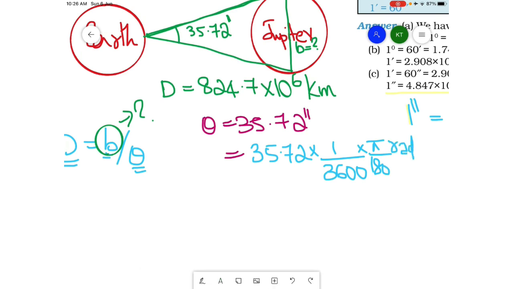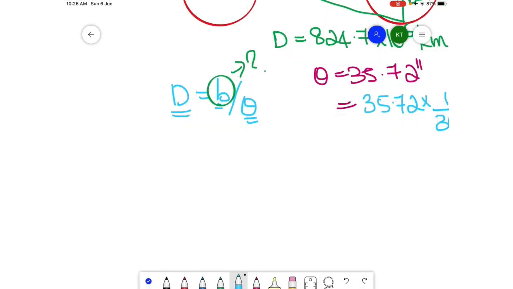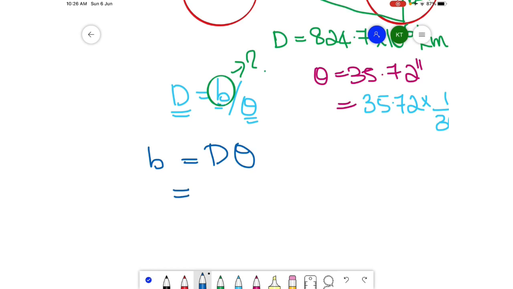So substituting all the values into this equation, we need to find what B is. B is equal to D into theta. D, we found the value in the question, which is 824.7 into 10 power 6.